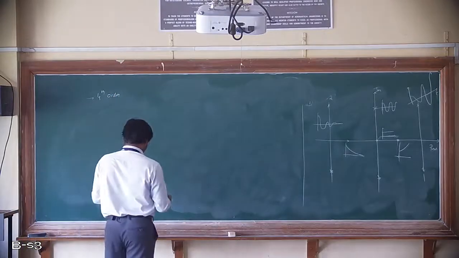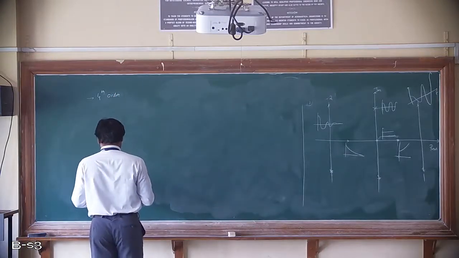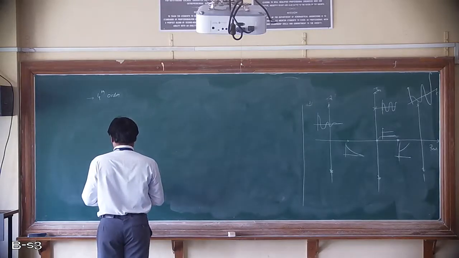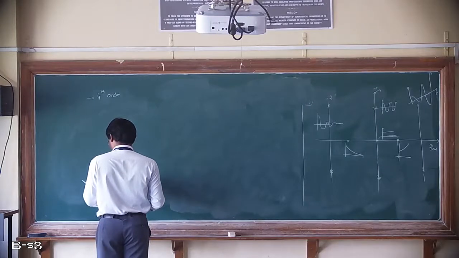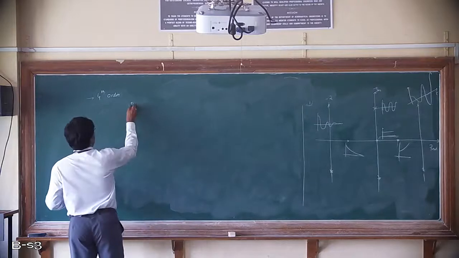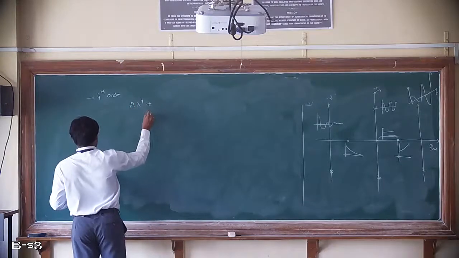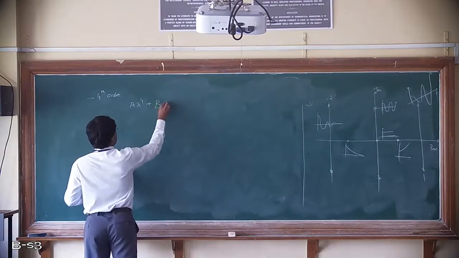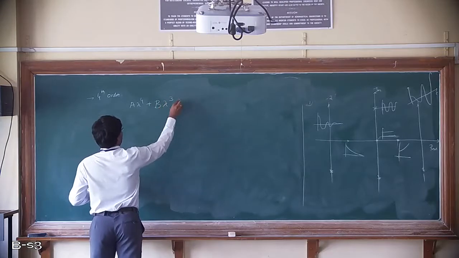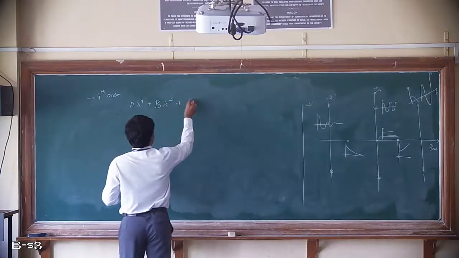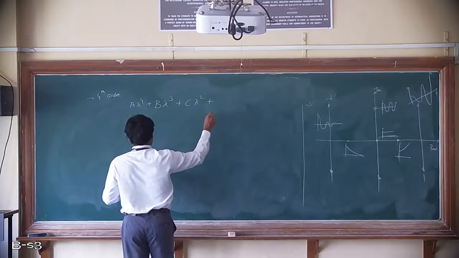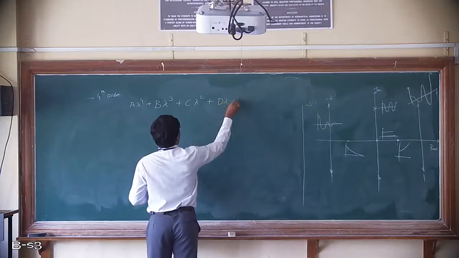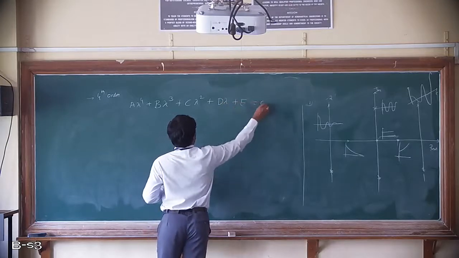For example, the equation is like this: a lambda power 4 plus b lambda cube plus c lambda square plus d lambda plus e is equal to 0.